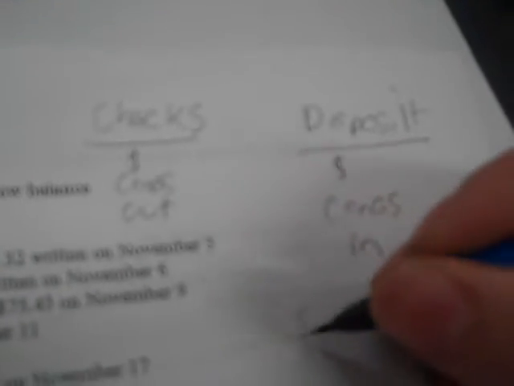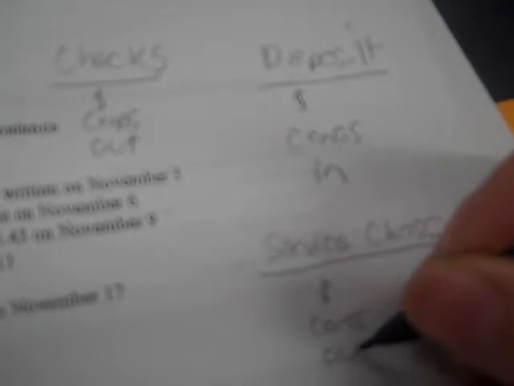And one thing, service charge, money comes out, okay? So when it comes in, it'll be plus. When it comes out, it'll be minus, and here as well. Okay, so the old balance was $2,045, so I put 2045.00. Okay.